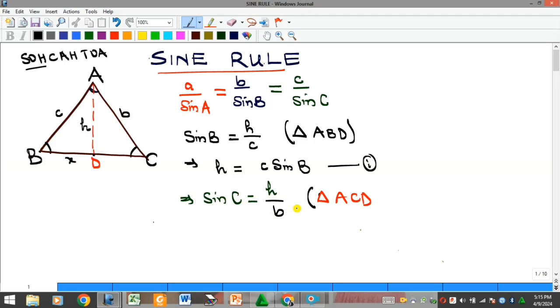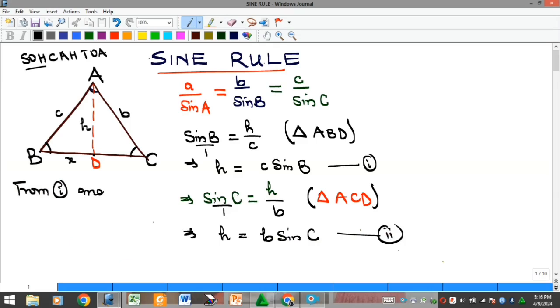So from here, you can see that h, by cross multiplication, is equal to b sine C. We call this equation 2.